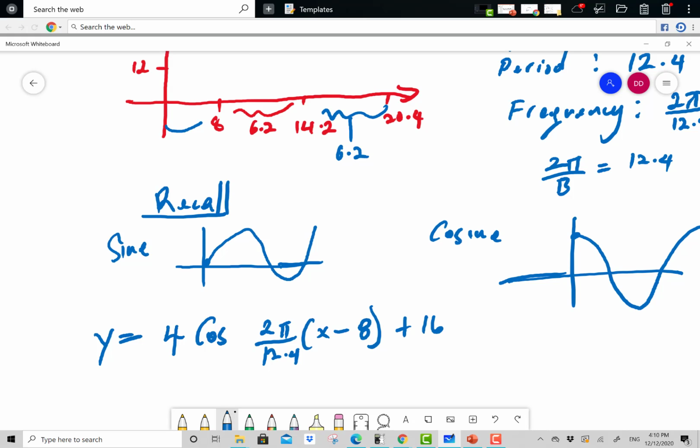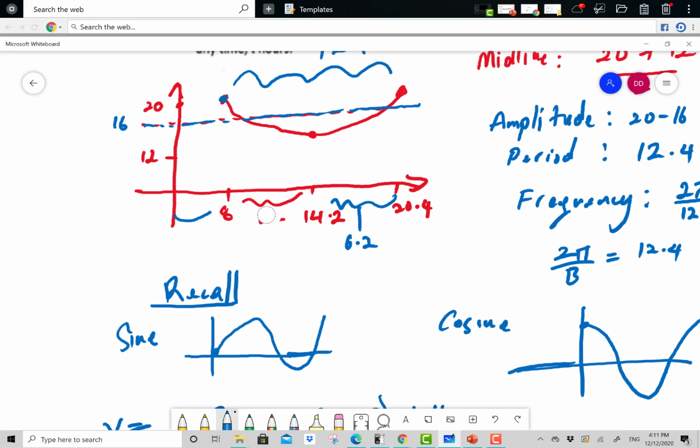Now I can also use the sine graph to represent this function. If I use a sine graph, let me just erase this for a second. I realize I'm starting at the midline, this is going to be the midline right here. This is where the graph starts. Now, I know the sine graph always goes up, but in this case, it's going down. To represent where it's going down instead of up, we're going to use a reflection.